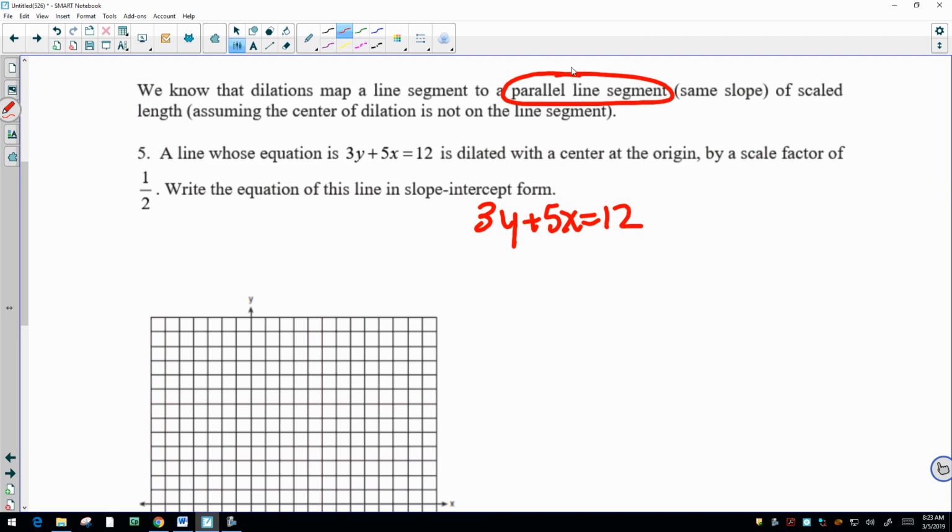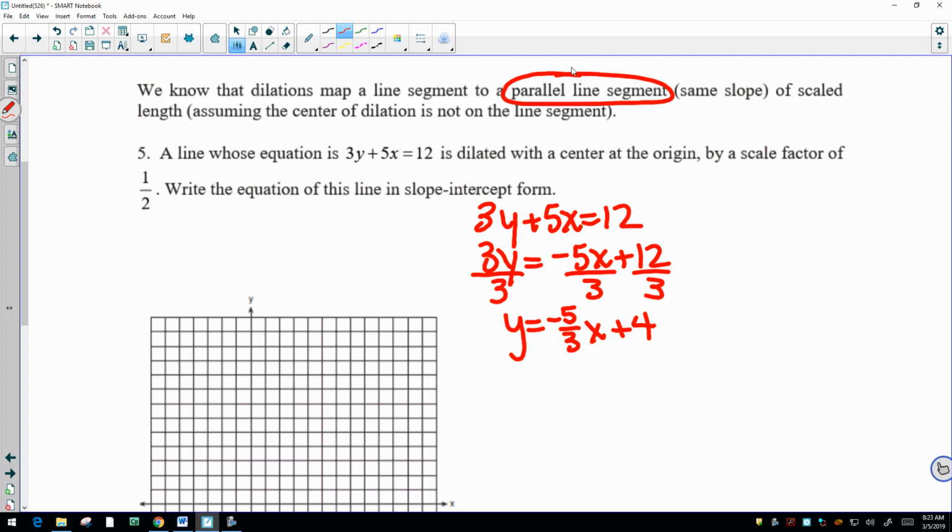So I'm going to move that 5x over, so subtract that over, I have a -5x plus 12. And we want to get y by itself, so I'm going to divide everything through by 3. So now I have y is equal to -5/3 x plus 4.